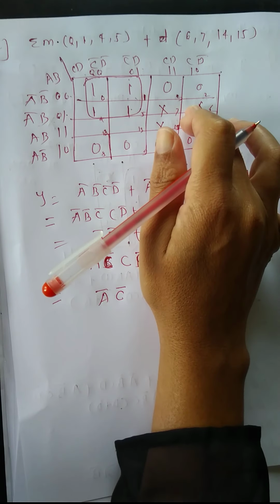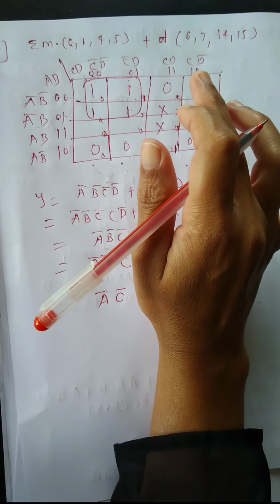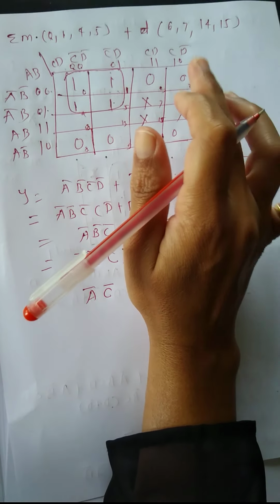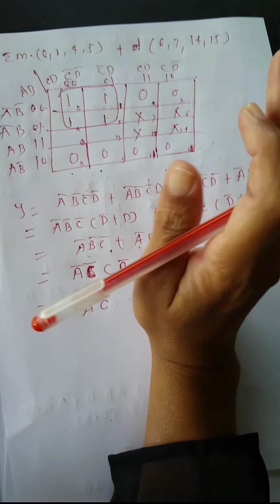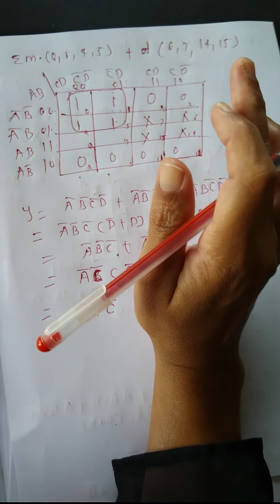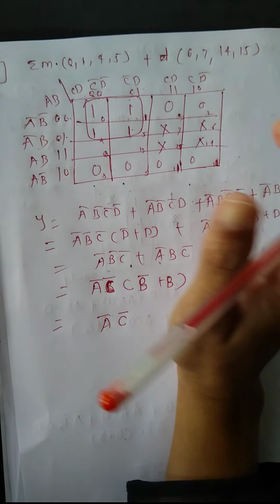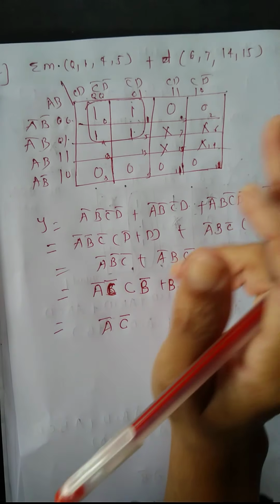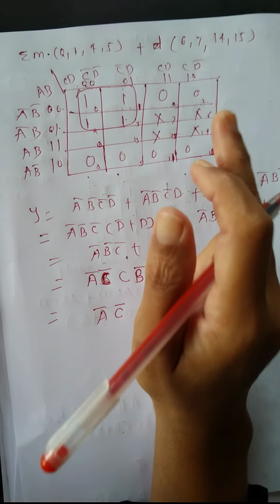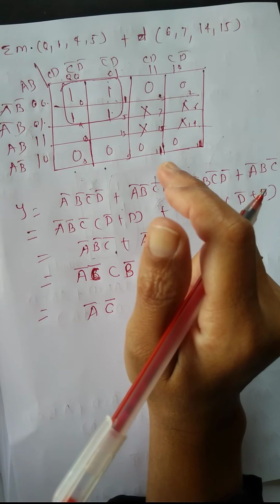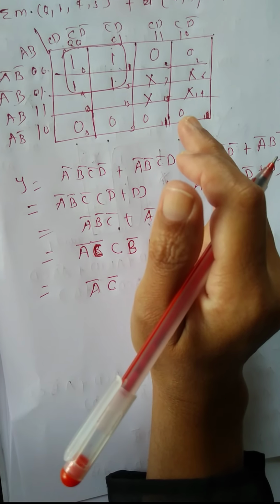That also: in some functions the output corresponding to certain combinations of input variables does not matter. That means for such an input combination it does not matter whether the value of the output is 0 or 1.